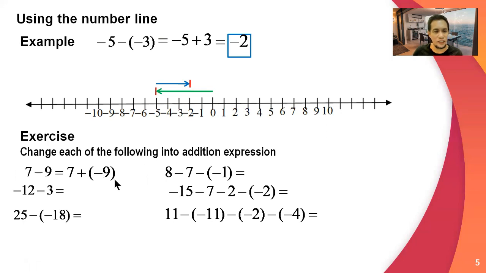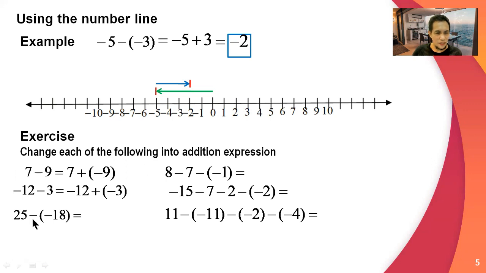This is the addition expression. What about -12 minus 3? Meaning -12 minus +3. So we have -12 plus, from +3 to -3. So -12 plus -3. This is the addition expression.